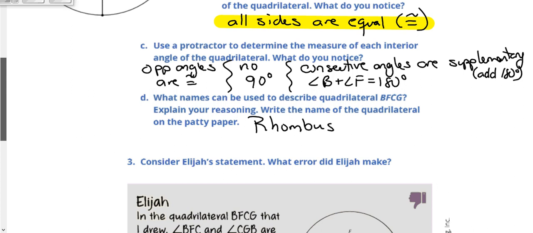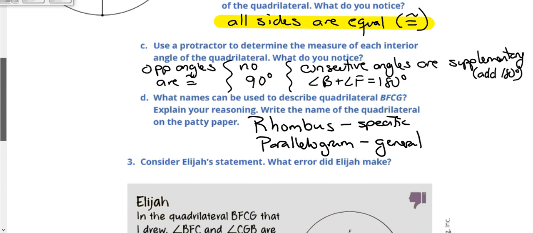But you can still call it a parallelogram. That's just more general, and this one is specific, because all sides are equal.